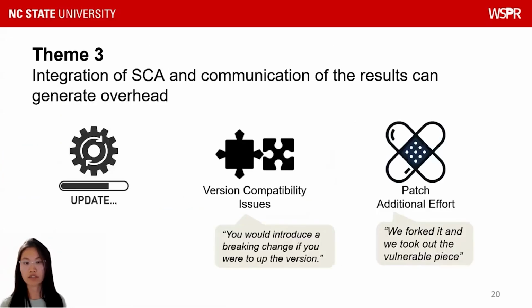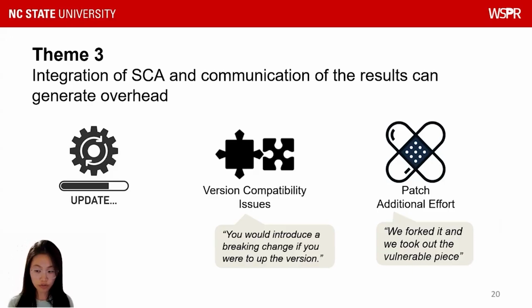The overhead can be present when you're trying to fix or address a vulnerability. The easiest way to do that is to update your vulnerable library to a non-vulnerable version. But sometimes you will run into issues like version compatibility issues, if you update to another major version that could cause a breaking change in your application. When that happens, developers often have to put in manual effort to patch it themselves or work around the vulnerability.